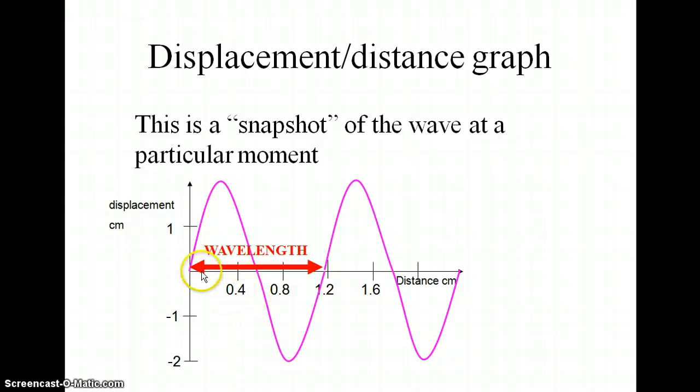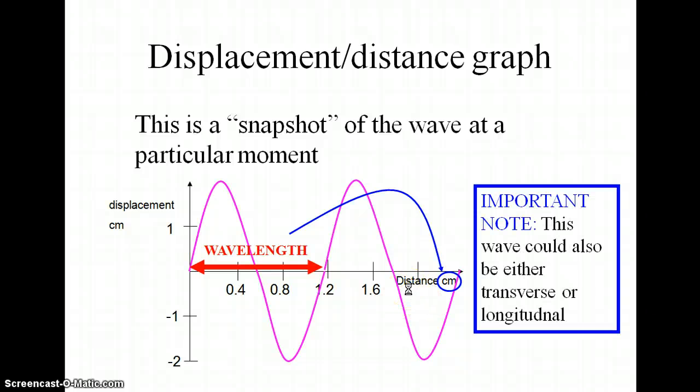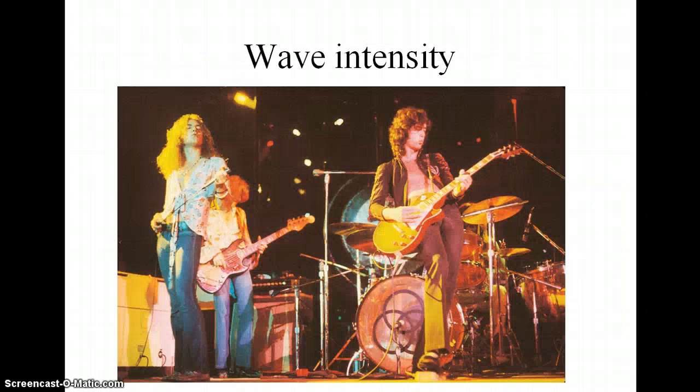And this time, this distance does represent the wavelength, because anything along this x-axis is a distance, so that is the wavelength of the wave. And again, just got to be careful here. Even though it looks like a transverse wave, this displacement distance graph could be representing either a longitudinal or a transverse wave. Okay, that's it.